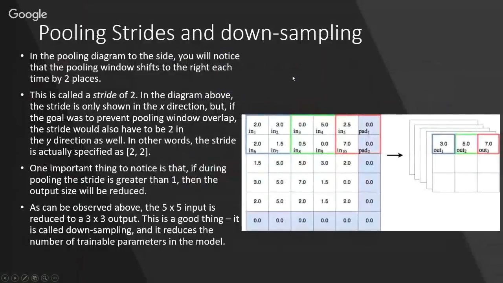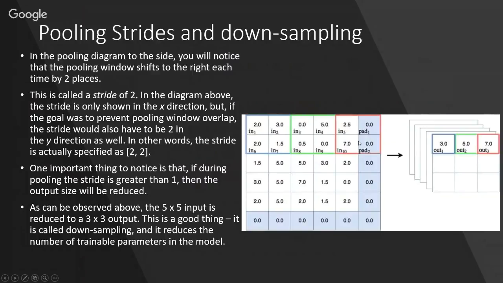In the pooling diagram, you will notice that the pooling window shifts to the right each time by 2 places. This is called a stride. In the diagram, stride is only shown in the X direction, but the goal was to prevent pooling window overlap. The stride would also have to be 2 in the Y direction, so 2 by 2.